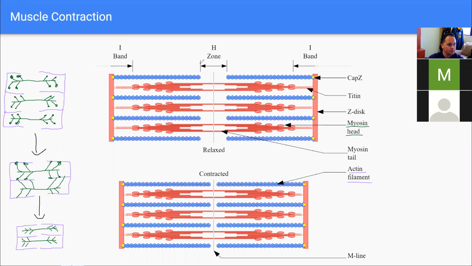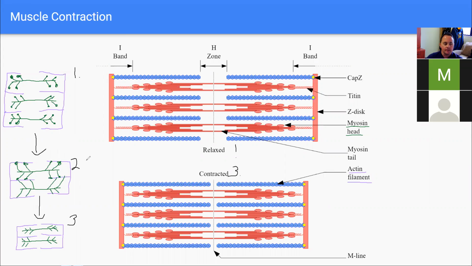So relaxed is 1, and contracted is 3, okay? Just that way you guys have a little bit of a frame of reference. You do not need to draw this 1, 2, and 3, okay?